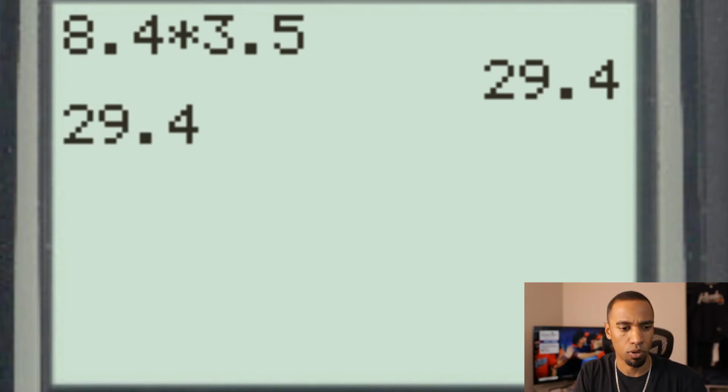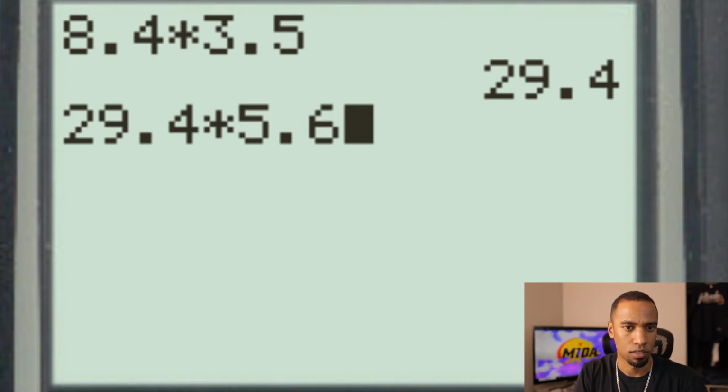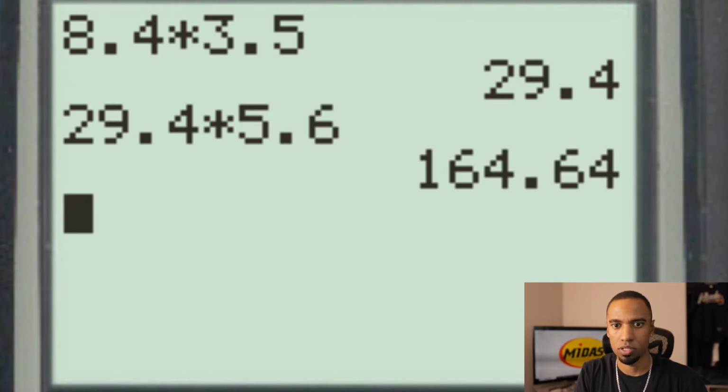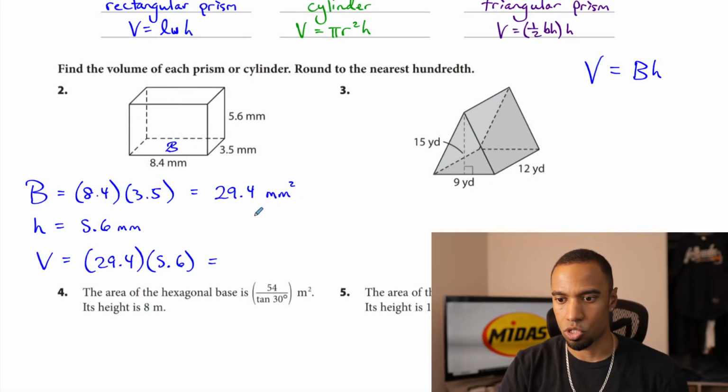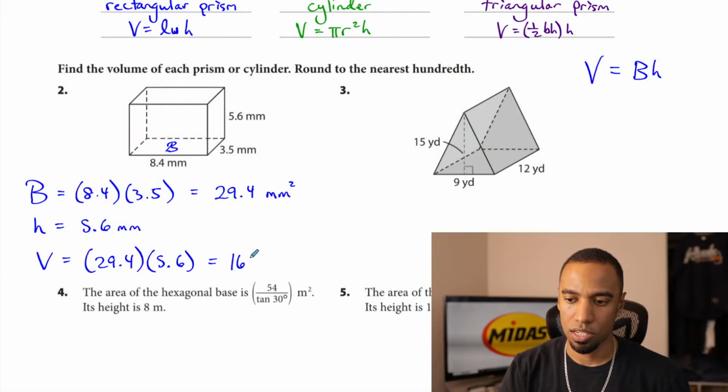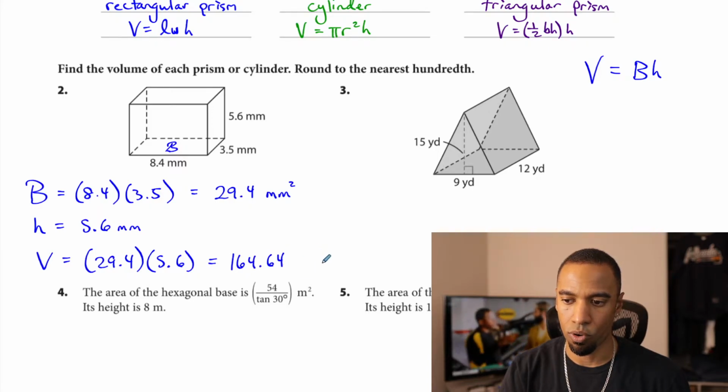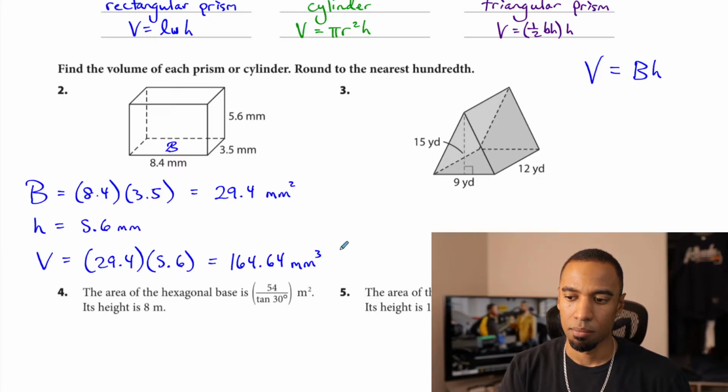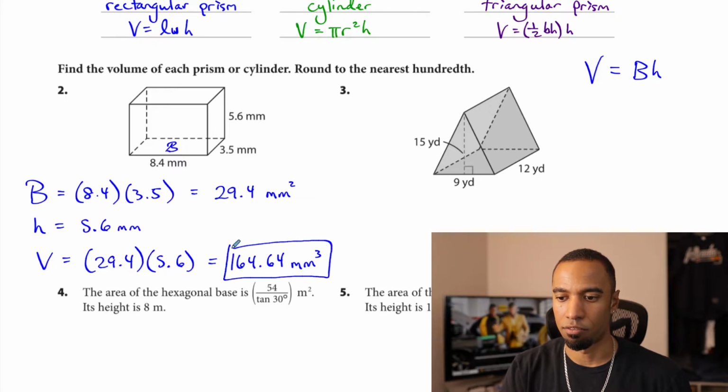Probably a little more than 170. I don't know. Let's see. 164.64. Okay. Now they said round to the nearest hundredth. That is to the hundredth. So 164.64 cubic millimeters. That is the entire volume of this thing.